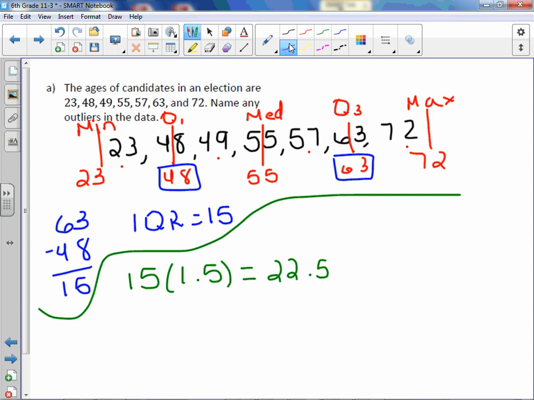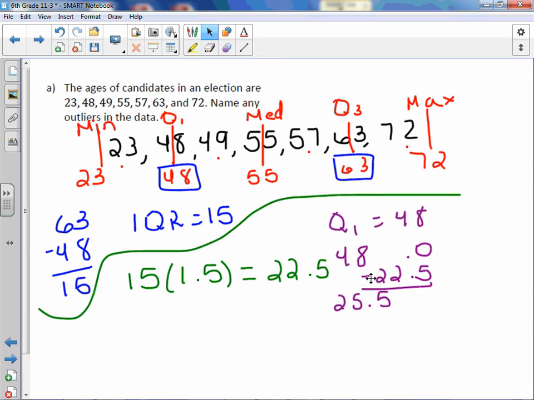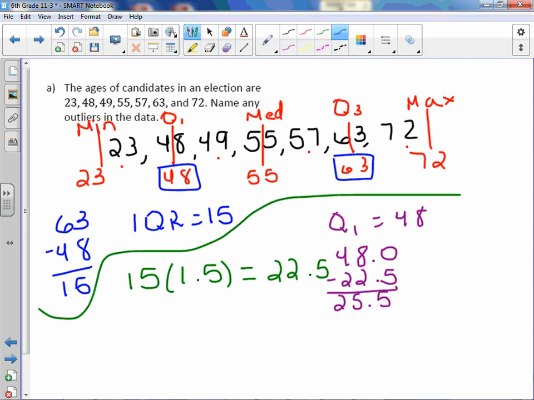So let's take our first quartile. So we take quartile 1, which is 48. Let's go ahead and subtract 48 minus 22.5. And when we subtract them, we get 25.5. And let's take our quartile 3, which is 63.